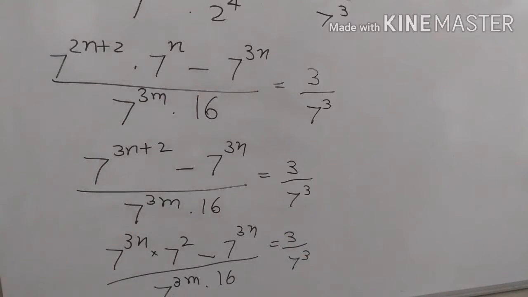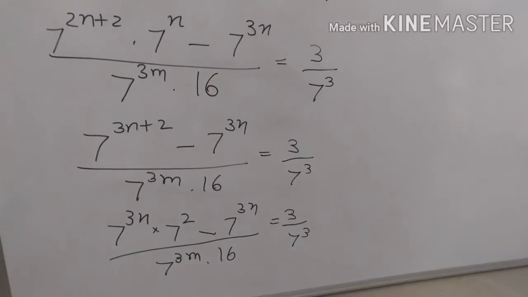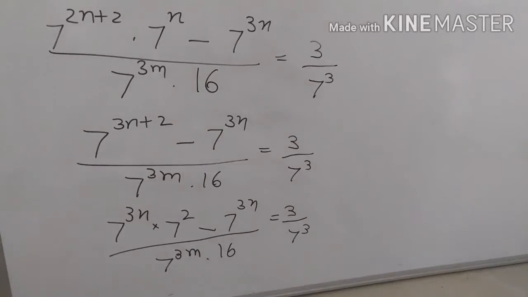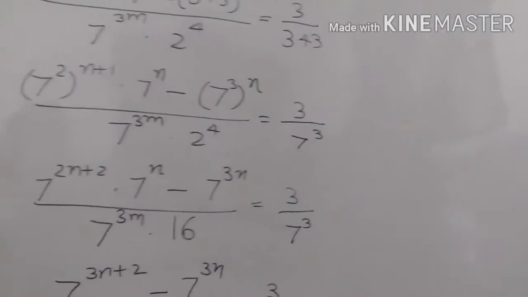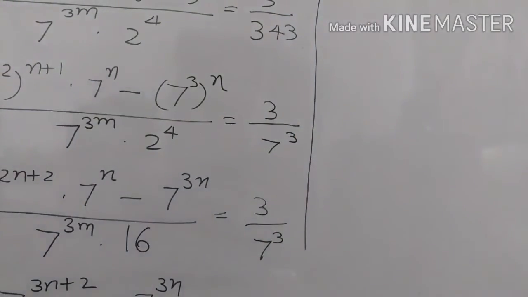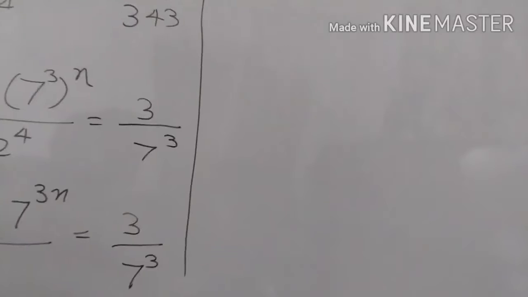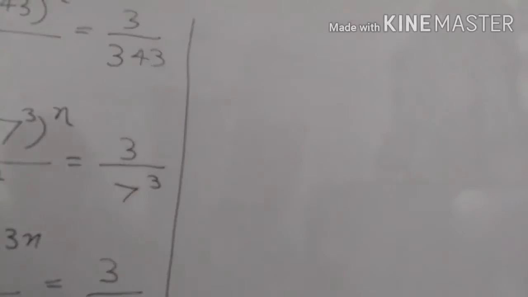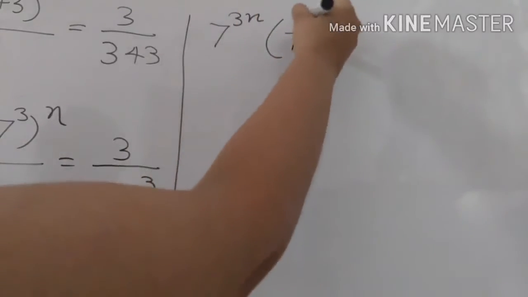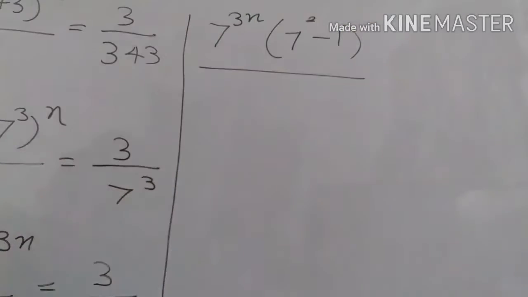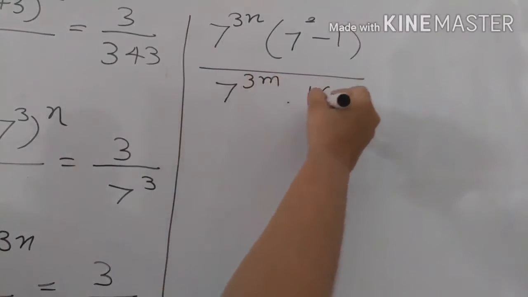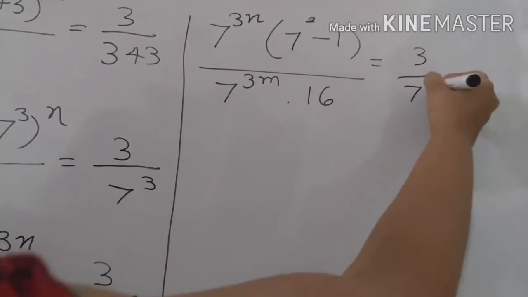Now from this step we can take 7 raised to 3n common from the numerator, and then we can proceed further. So now here I write 7 raised to 3n common, and in the bracket 7 square minus 1 is left, and in the next step the denominator is the same, equal to 3 upon 7 cube.